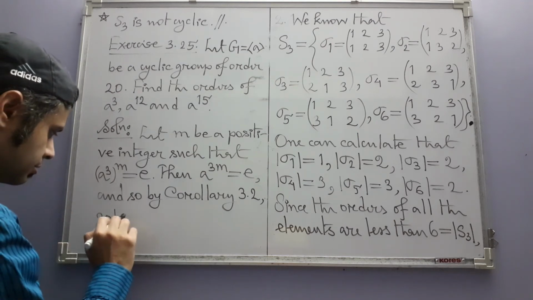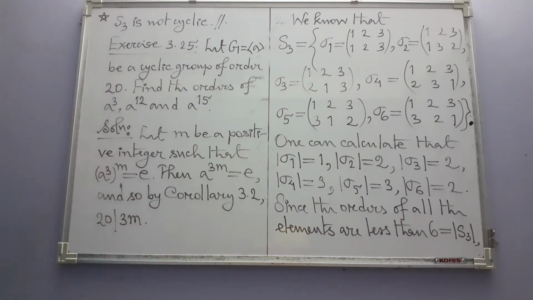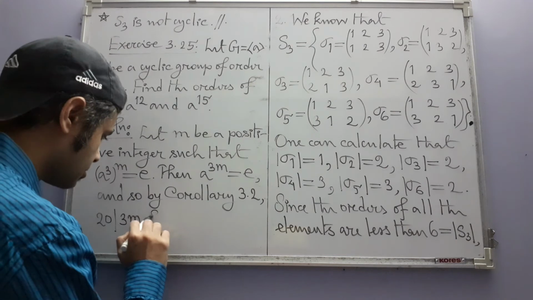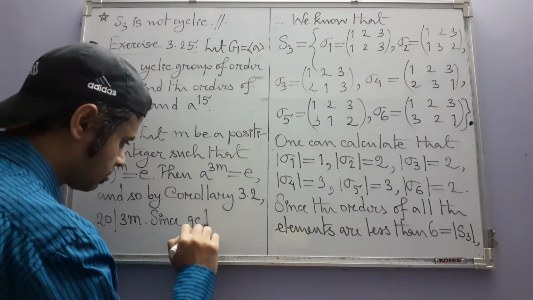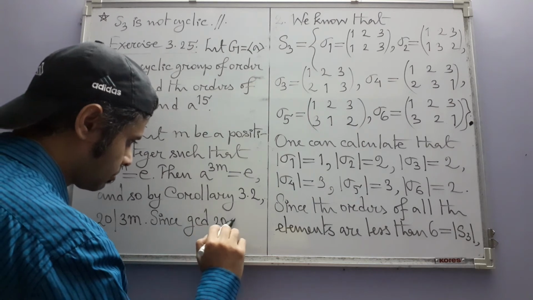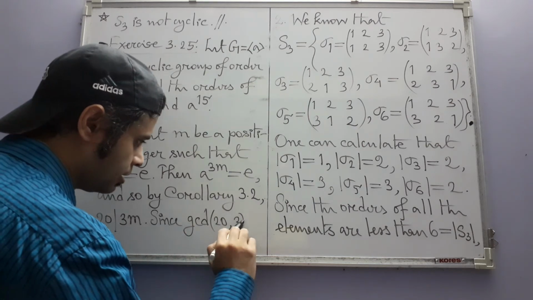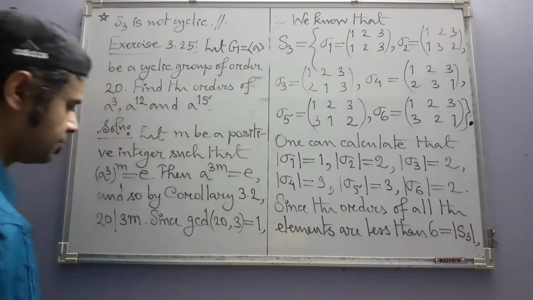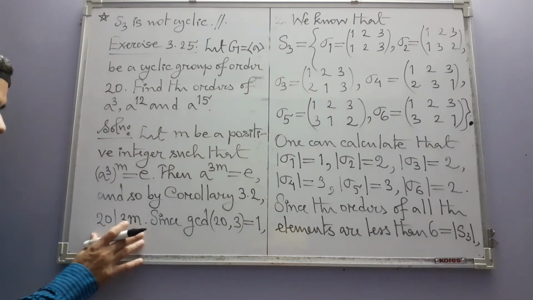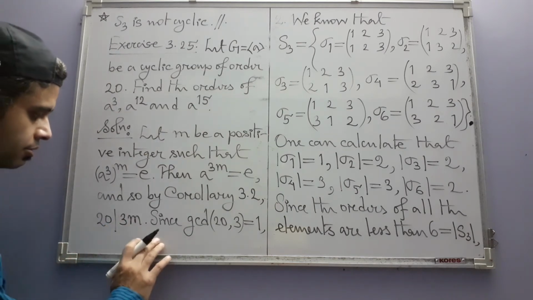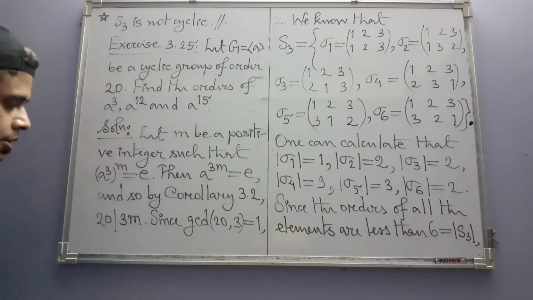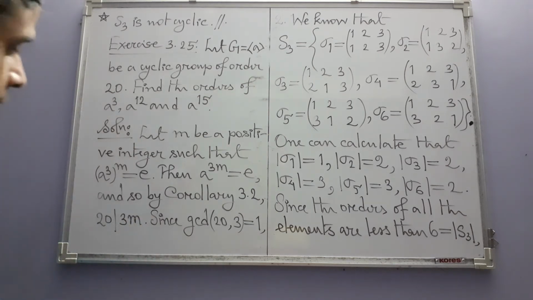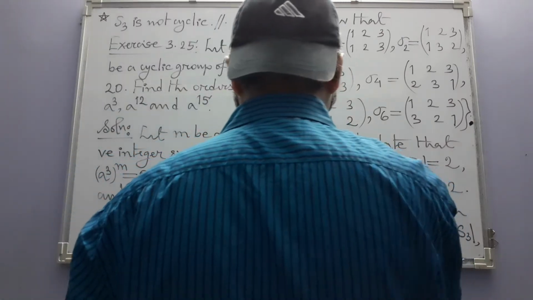20 divides 3m. Now since 20 and 3 are relatively prime, this divisibility is equivalent to that other divisibility, that 20 has to divide m itself. In this division, 20 has nothing to do with 3.